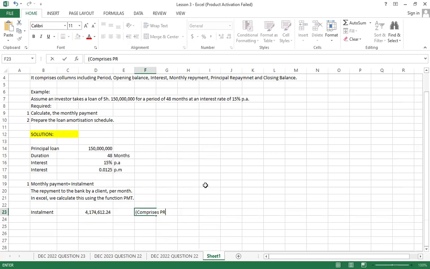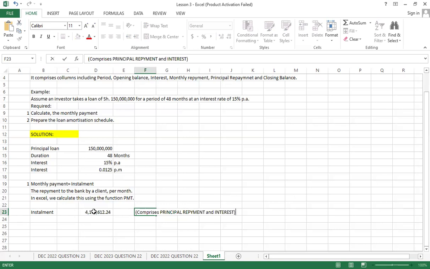It comprises a principal repayment, and then the other part of it is of course the monthly interest.